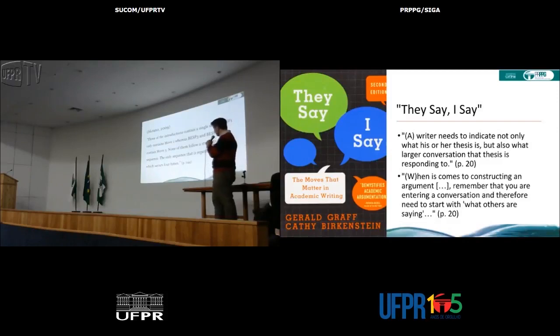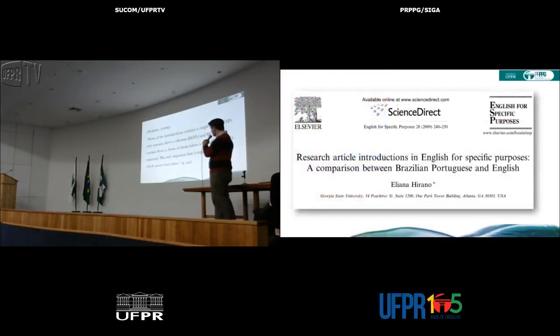The most common sequence in the Brazilian corpus was move 1 and move 3. Establishing territory and then occupying a niche, but without saying what the niche was. In other words, not making it clear where the research space is.